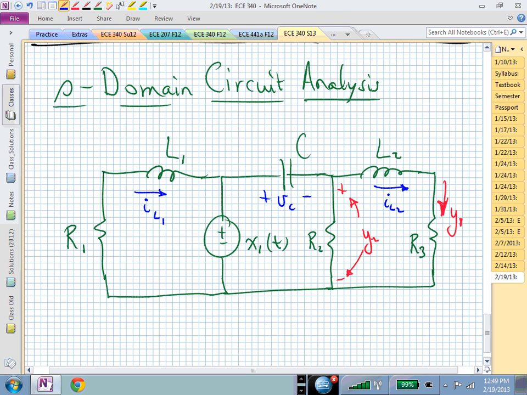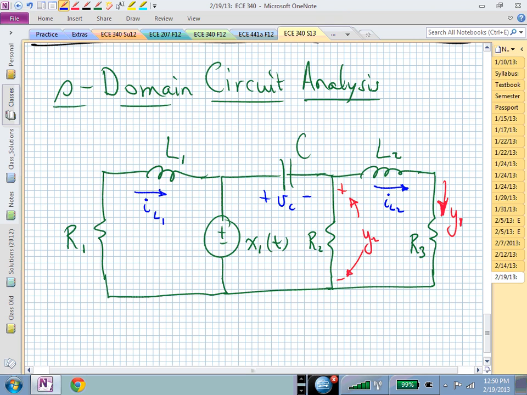What do you already know? Well, you might also want to know what the parameter values are, right? You might want to know the R's, the L's, and the C's. But even before that, you could solve this in terms of variables, R1, R2, R3, L1, L2, and C. Variable parameters. Let's now analyze this in the frequency domain.